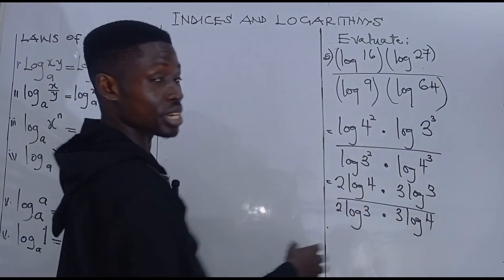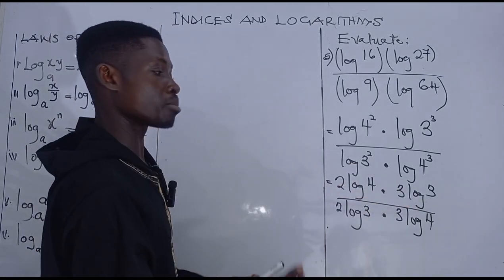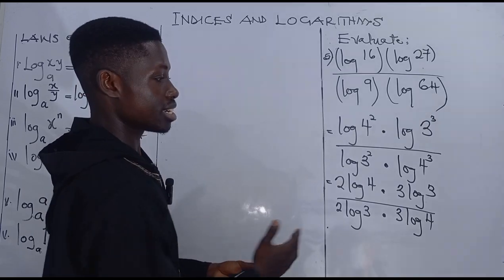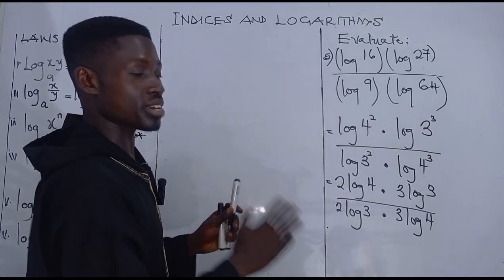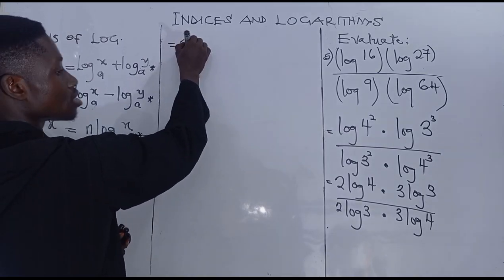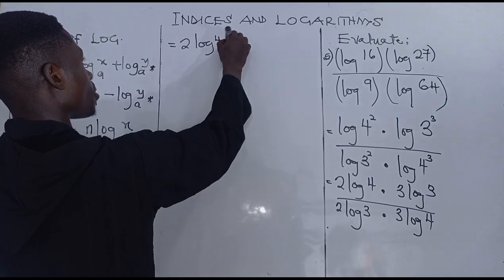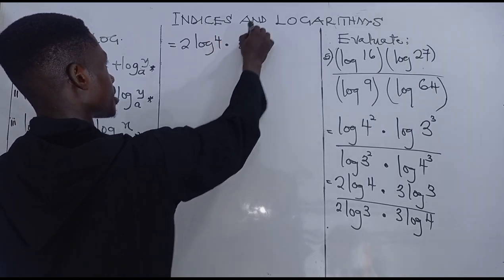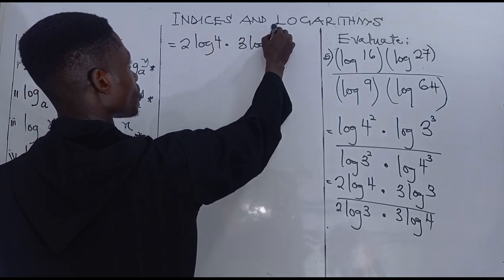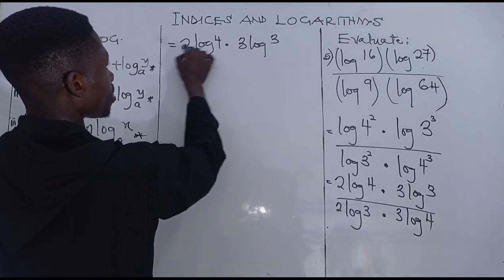Let's do some rearrangement here. Since these two numbers are multiplying and multiplication is commutative, the positioning will not affect the expression. So we can write this as 2 log of 4 multiplying 3 log of 3 all over.